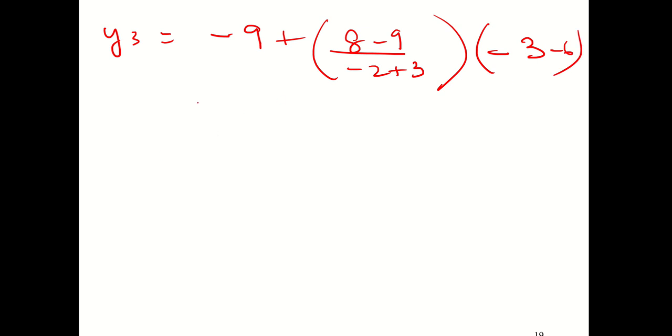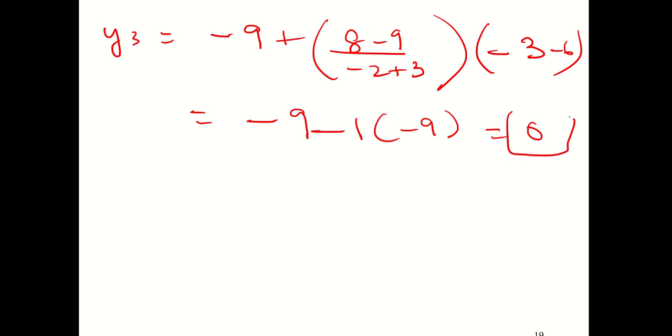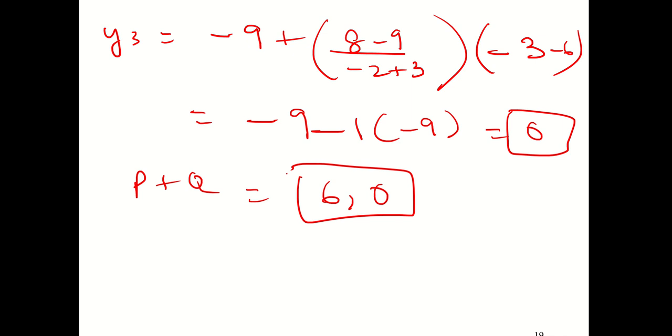Fine. So what you get is minus 9 minus 1 times 9, which is equal to 0. So ultimately you get 0. This is y3, which is equal to 0. So P plus Q is equal to (6, 0). This is P plus Q.